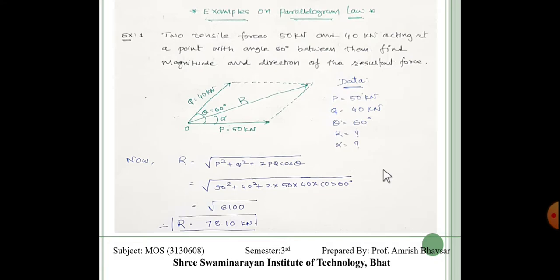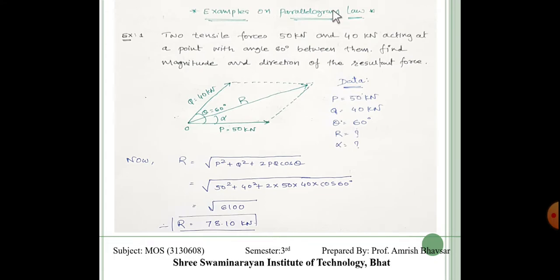Number 2, the direction of the resultant force is always with the bigger force. And number 3, we are always considering the bigger force as the P force. From these three thumb rules, we can calculate the resultant and its direction with the help of the parallelogram law of forces.